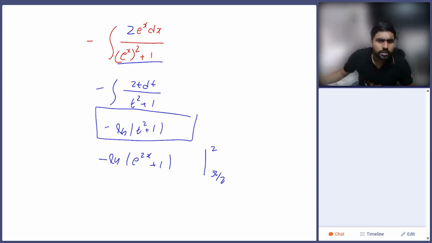Oh, hold on a second. There won't be a t created over here, right? Sorry about that.